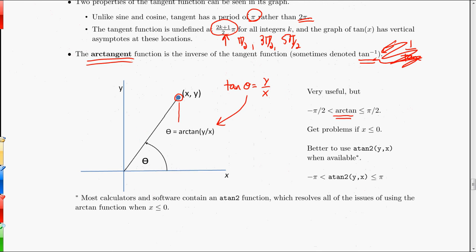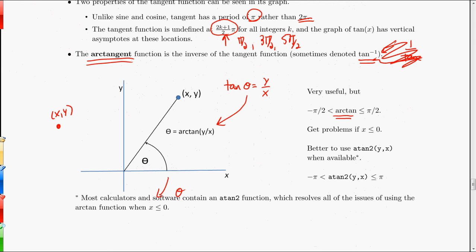And so the problem arises when you have a point over here. Suppose that's x and y. You'll take the ratio and get a negative number, because x is negative and y is positive, but it'll give you an angle down here. It'll give you this angle instead, so it won't really give you the proper angle.